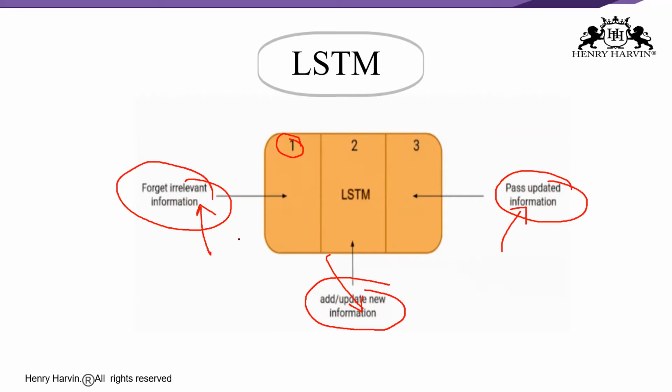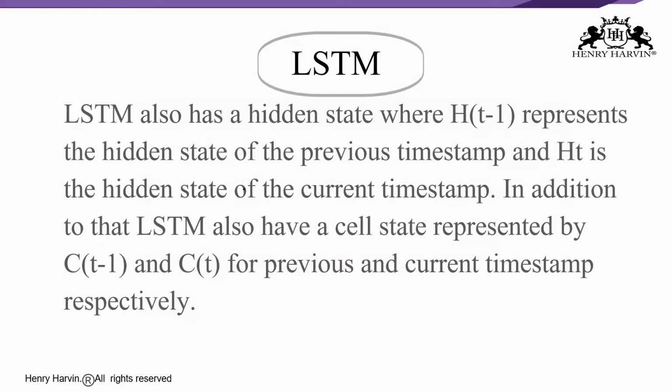These three parts we call gates. The first part we call the forget gate, the second part is known as the input gate, and the last one is called the output gate. Like a simple RNN, LSTM also has a hidden state: H(t-1) represents the hidden state of the previous timestamp, and H(t) is the hidden state of the current timestamp.